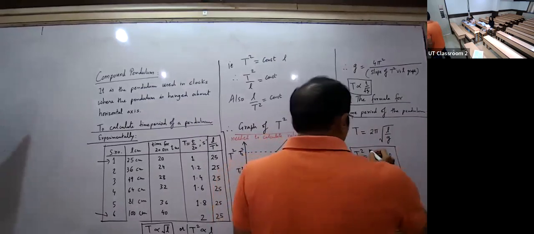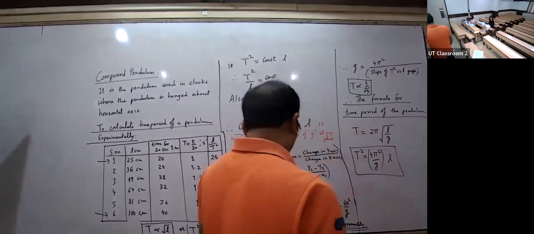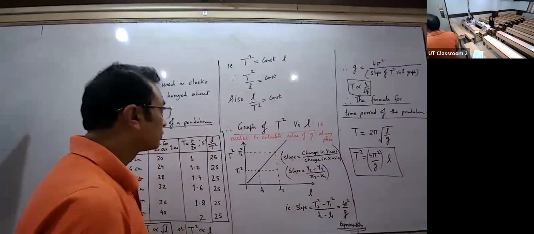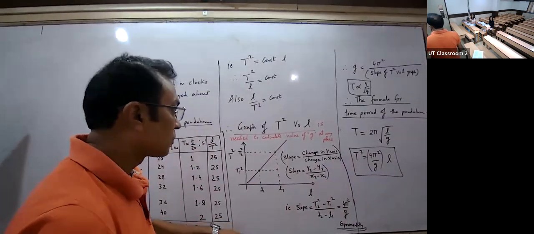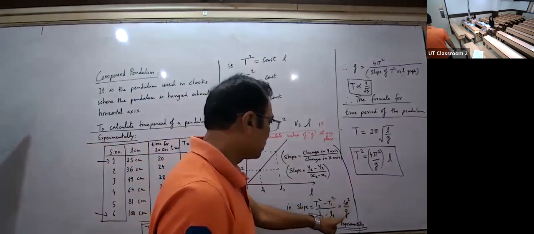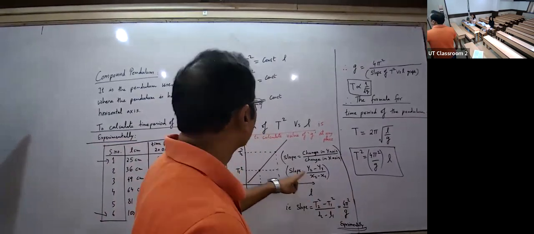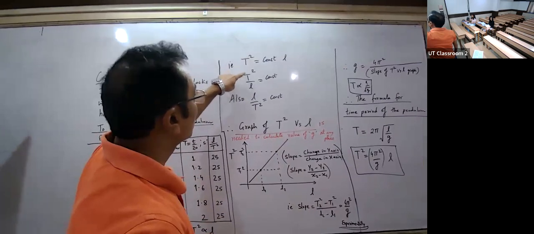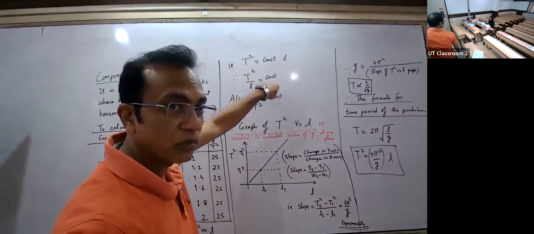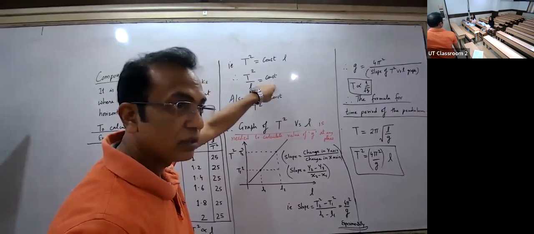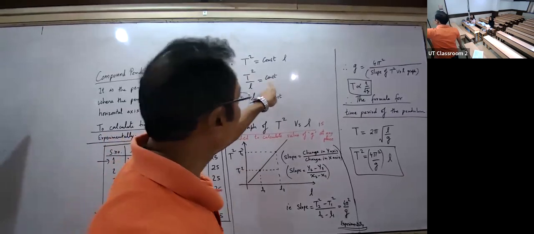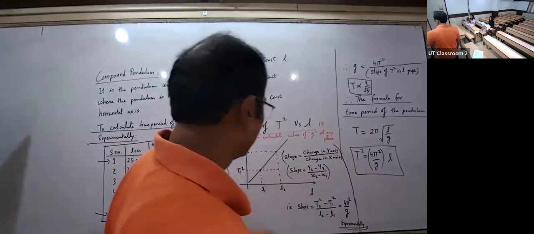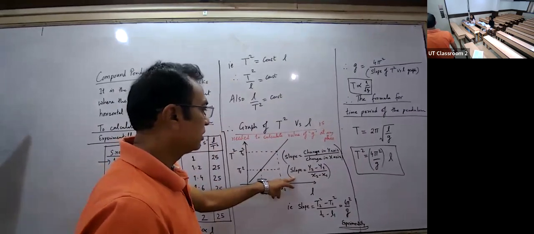So this is the constant. What is this constant? 4 pi square by g. This constant is the slope of the T square versus L graph. That constant is 4 pi square by g. Got it? So we get this constant graphically.